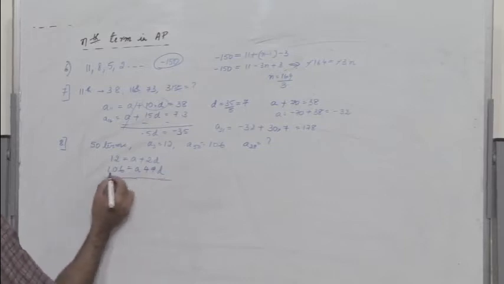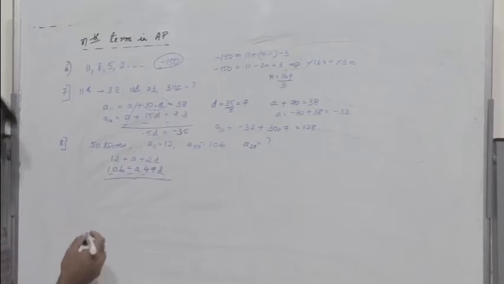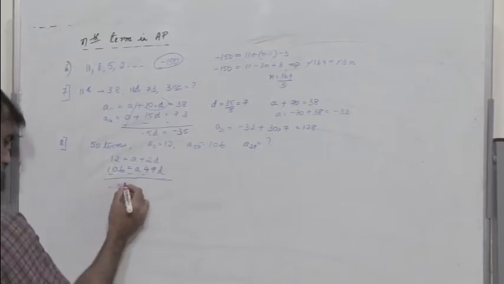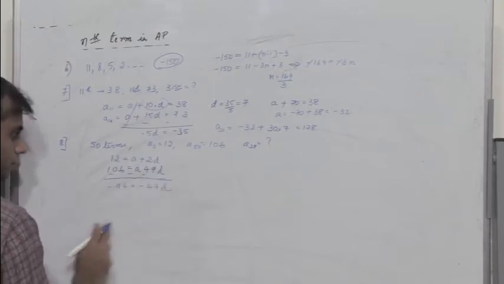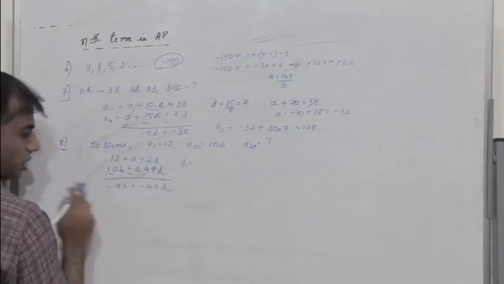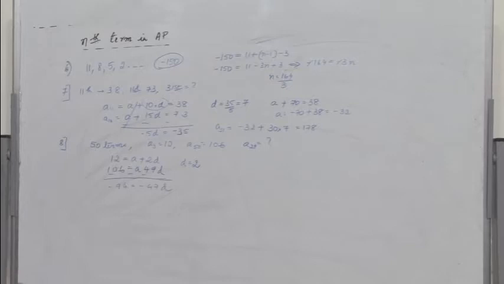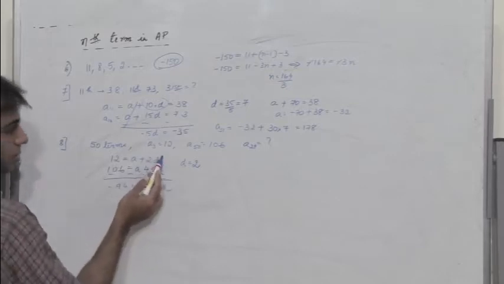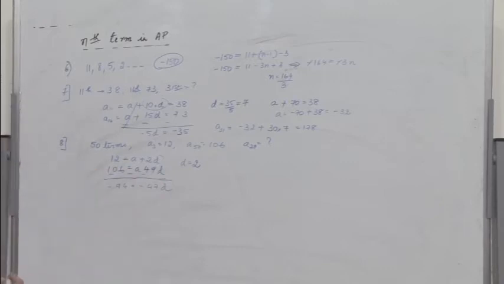So let me just subtract. So we end up getting minus 94 equals minus 47D. Right? So what is D? D is nothing but minus 94 divided by minus 47, which is 2. So substituting the value of D in one of them, 2 into 2 is 4, so 12 minus 4 gives me 8.